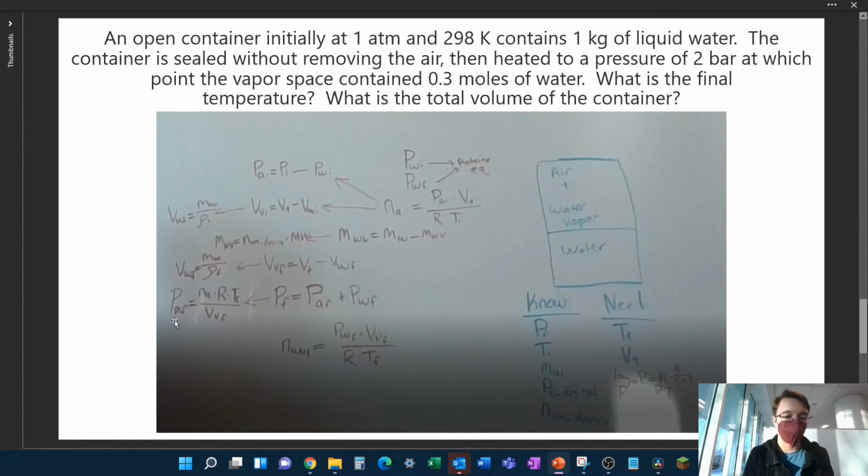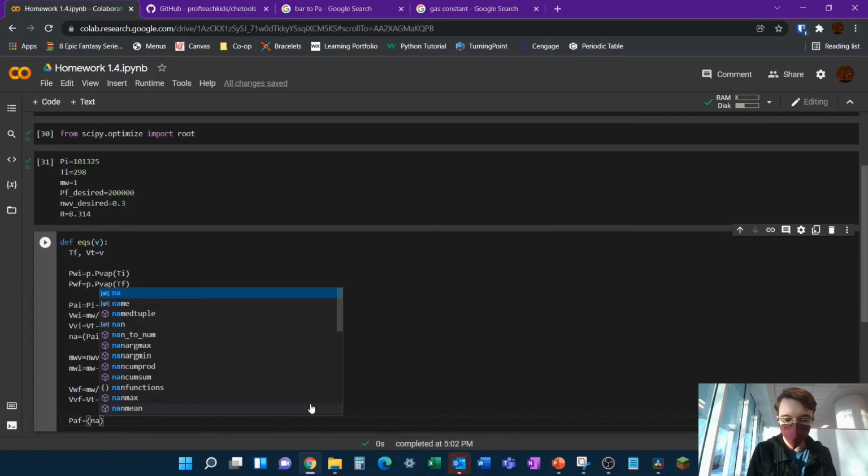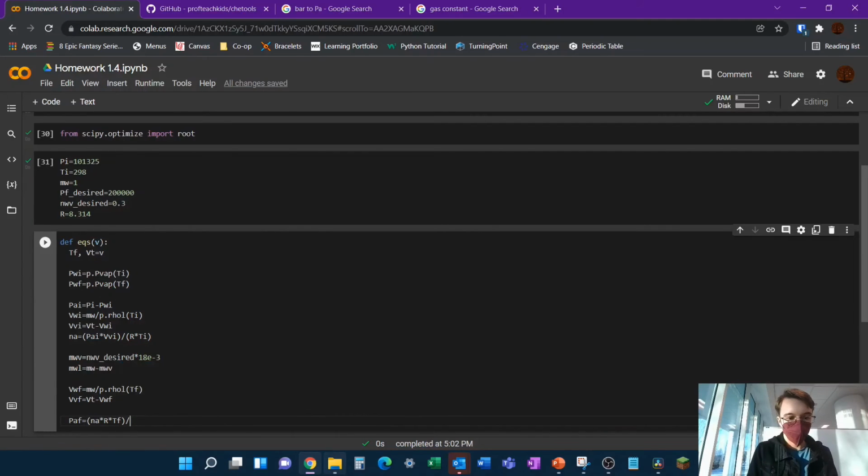Next, the pressure of the air final is equal to nRT over V. So the pressure of the air final is equal to the moles of air times R times the final temperature, divided by the volume of the vapor final.